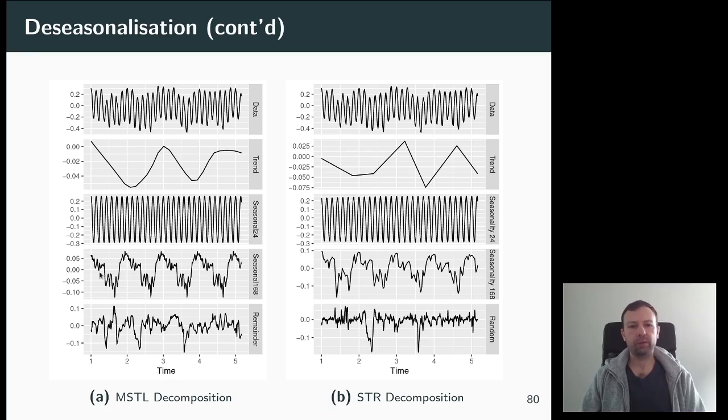And then you could also have a weekly seasonality, which repeats after 168 values. And then you have a remainder, which is just everything that is left and not subsumed into these 3 components. So, and these components would be additive. So basically adding trend, seasonal components and remainder together gives you your data.